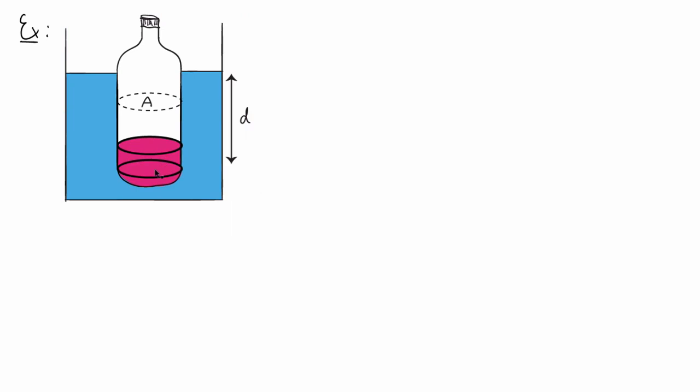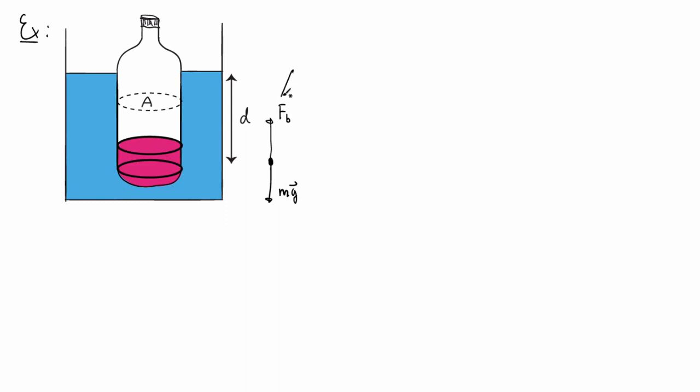So we have some weighty stuff here at the bottom of the bottle, and it's bobbing up and down in the liquid at a distance between the surface of the water and the middle of this heavy liquid we call D. So if we now look at the forces that are acting on the bottle, we have a downwards force, which is the total mass of whatever is down here times g, and upwards we have a buoyancy force.